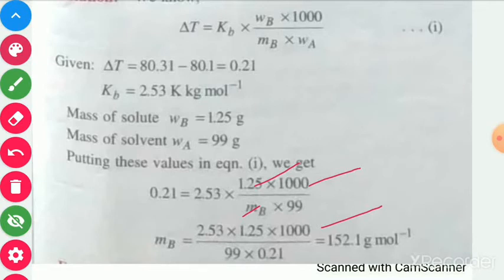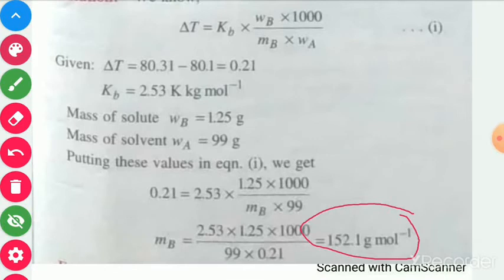Therefore, molar mass of solute MB will be equal to 2.53 into 1.25 into 1000 upon 99 into 0.21. On solving, we get 152.1 gram per mole. So the molar mass of solute will be equal to 152.1 gram per mole.